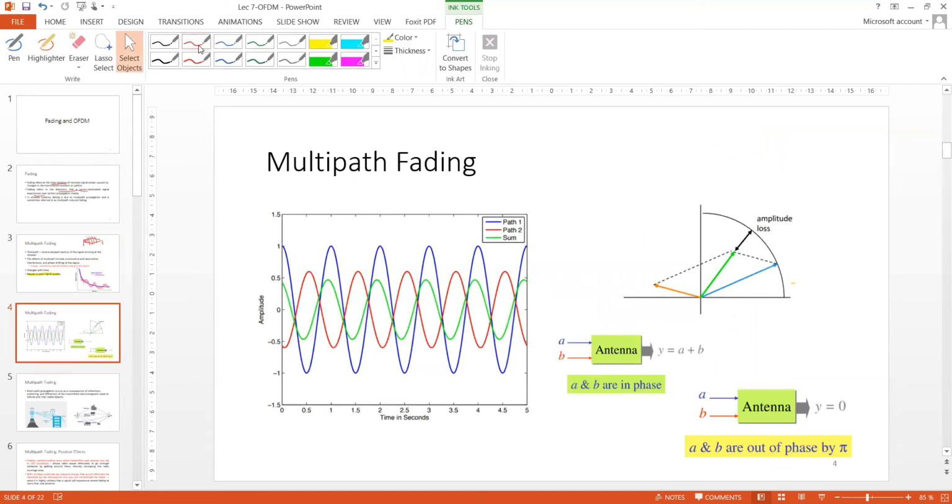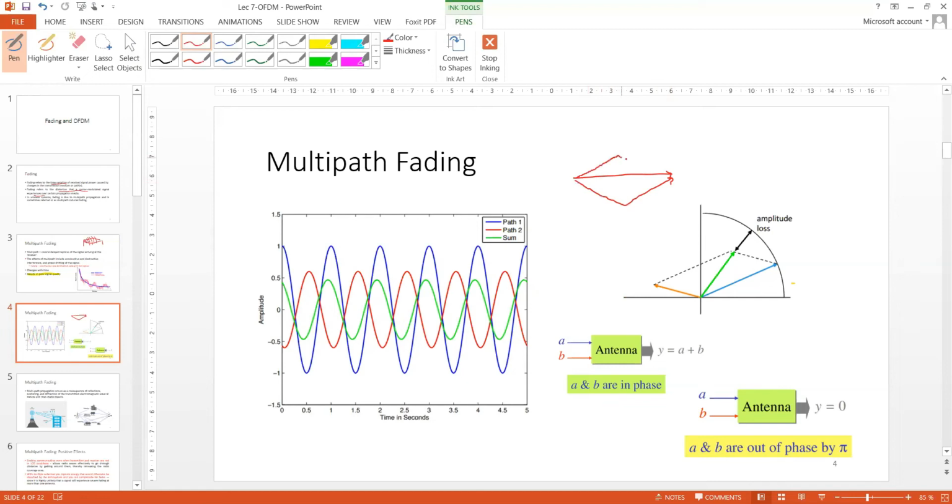Let's suppose a signal is transmitted between the transmitter and the receiving end, and that signal takes multiple paths. Let's suppose one copy of the signal reaches directly between the transmitter and the receiving end. Another copy of the signal takes a relatively longer path and is reflected from the surface of the ground.